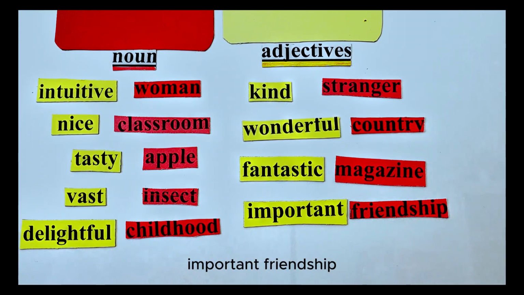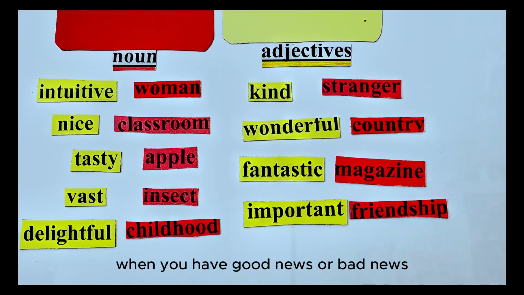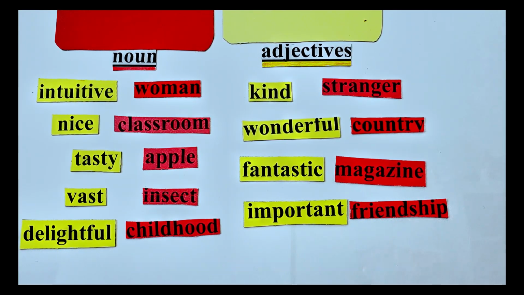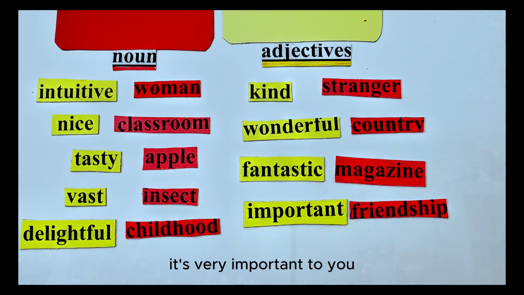Important friendship. Maybe you have 2 or 3 friends that are very important to you. When you have good news or bad news, they're the first friend you want to talk to. So you say, "This is Sarah," or "This is Johnny, and I have an important friendship with them." It's very important to you.